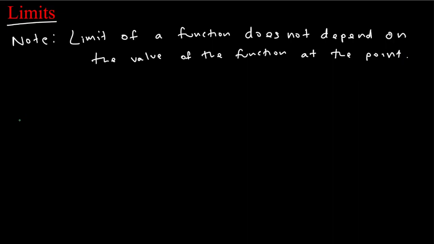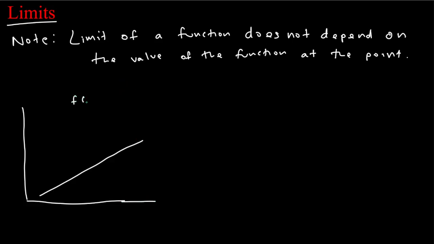So let's just have this classic example. Let's have this line, right? We'll call this f of x is equal to x squared minus 1 over x minus 1.